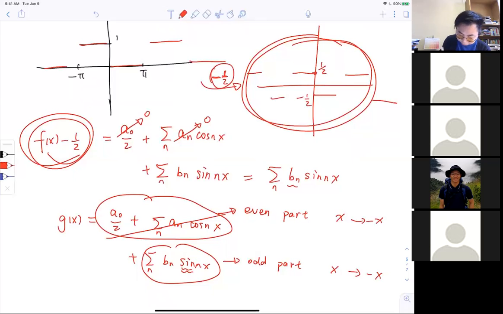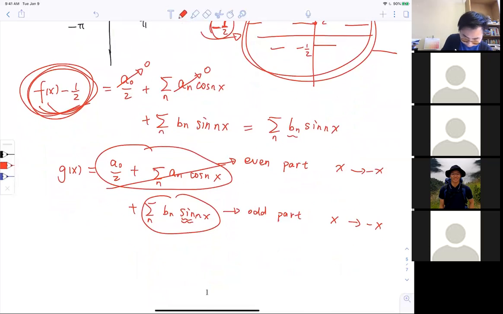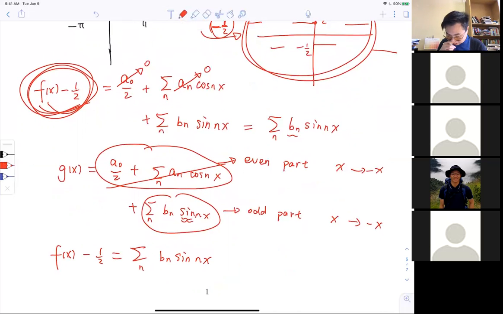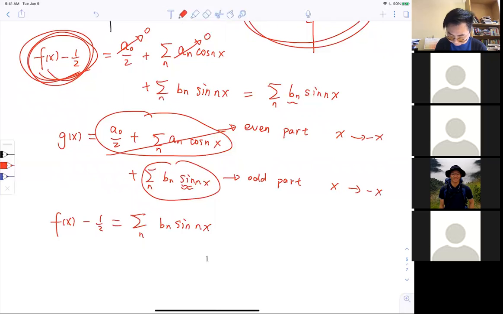To make this original function an odd function, we must have this form. Is it clear? So you look at the graph and say it looks like an odd function, then you go back to the equation and say that part equals 0 because it's an odd function.